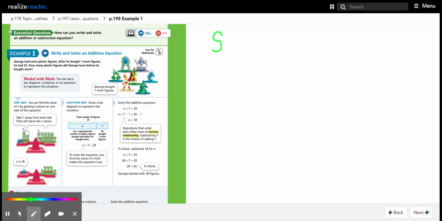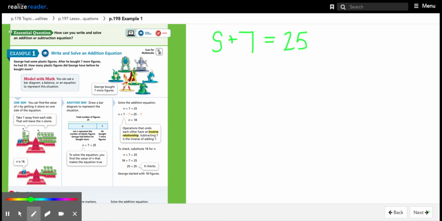After he bought 7 more figures, okay, 7 more, should that be addition or subtraction? 7 more would be addition. So I have some amount of figures. I buy 7 more. Then I have 25. So again, I have S plus 7 equals 25.